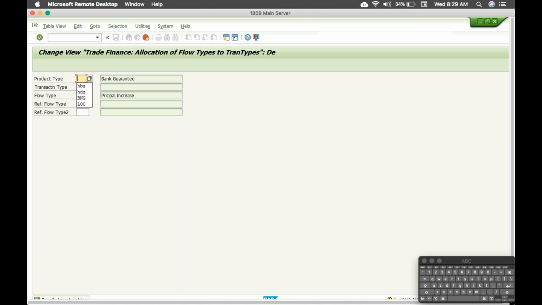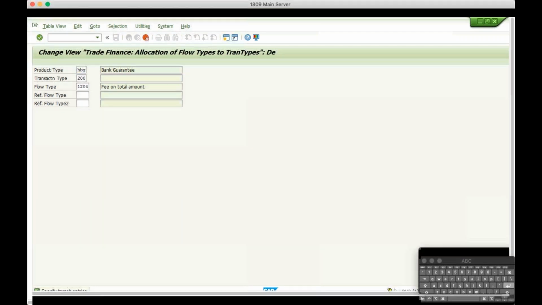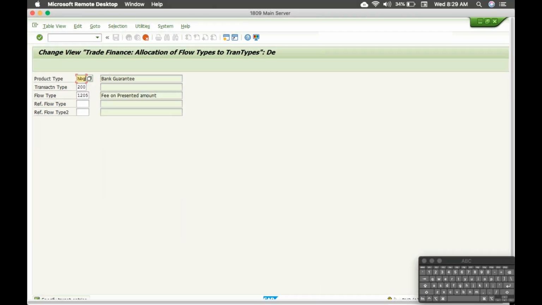Again, in the reverse mode, that is the 200 transaction, HBG: principal increase, principal decrease, total payment, payment obligations, other charges.